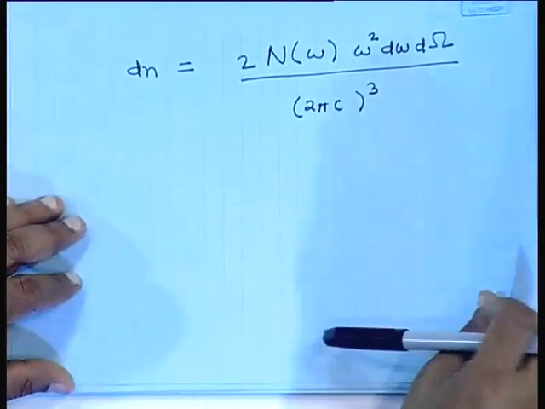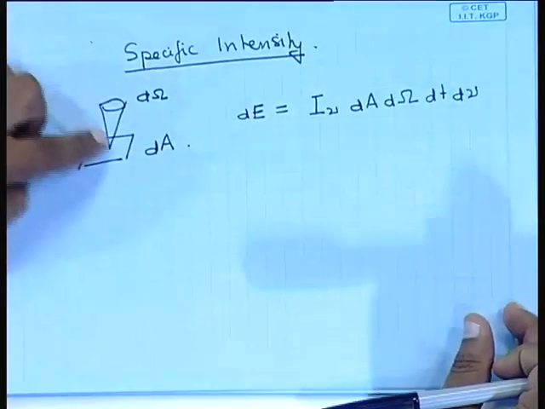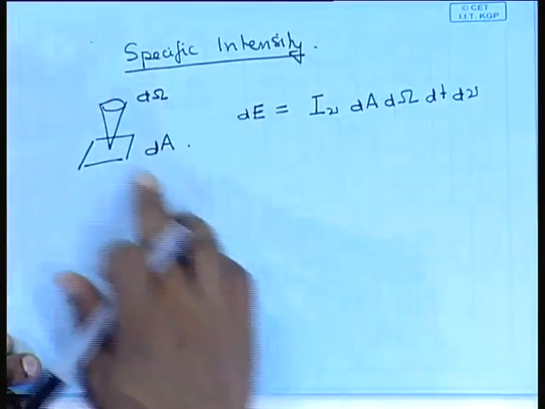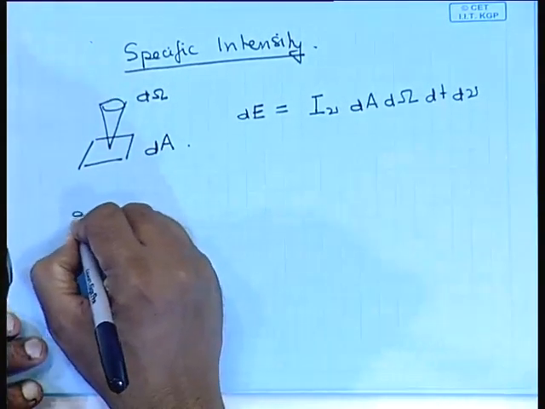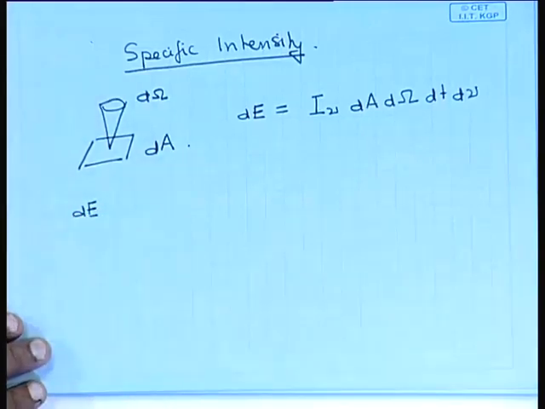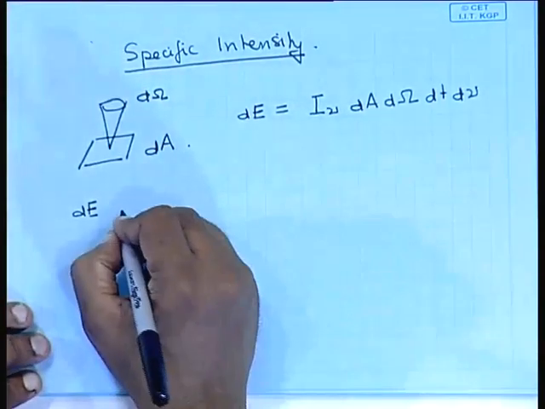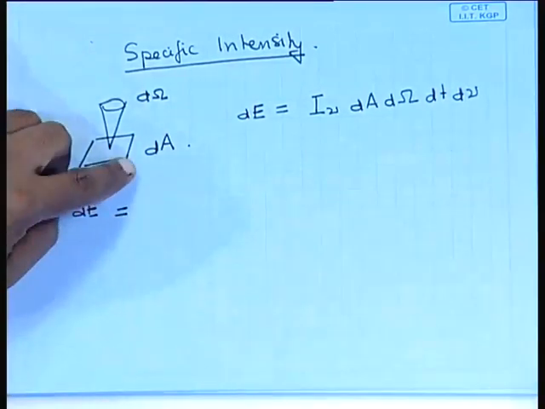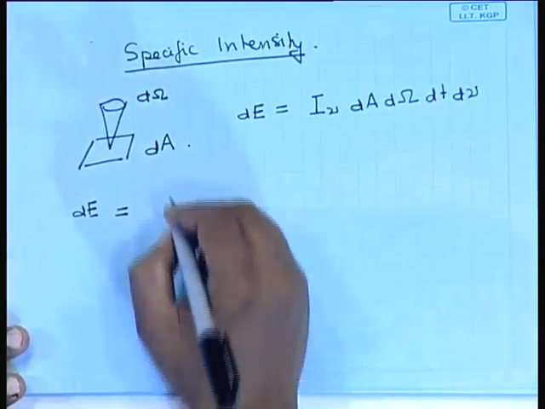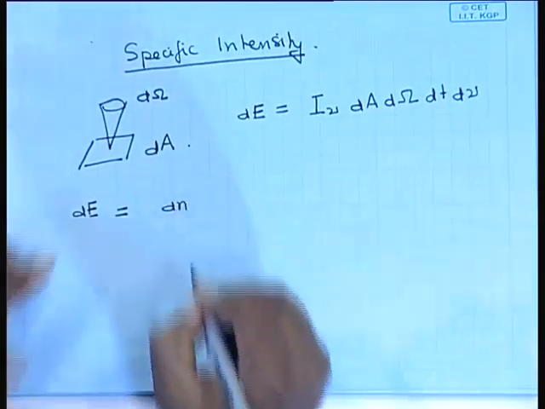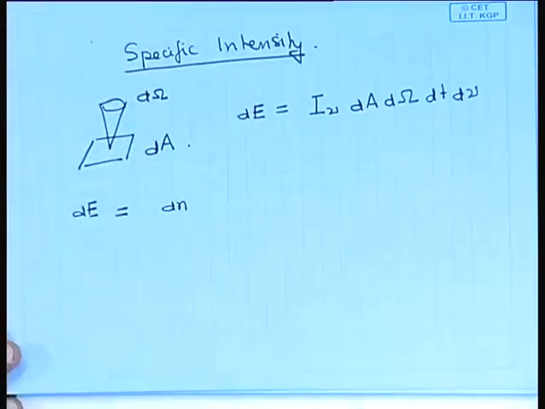Okay. So, suppose the region of space over here has particle energy density. So, dE, how is this related to the photon energy density in this region? That is the question. Okay. So, we can write this as dN, the energy density of photons in this region. Now, this is the energy density, so per unit volume.